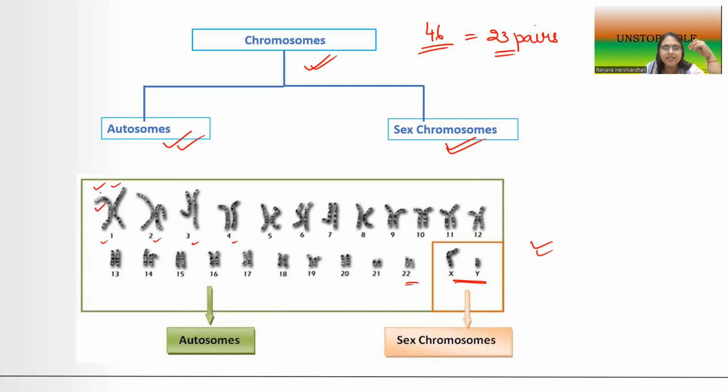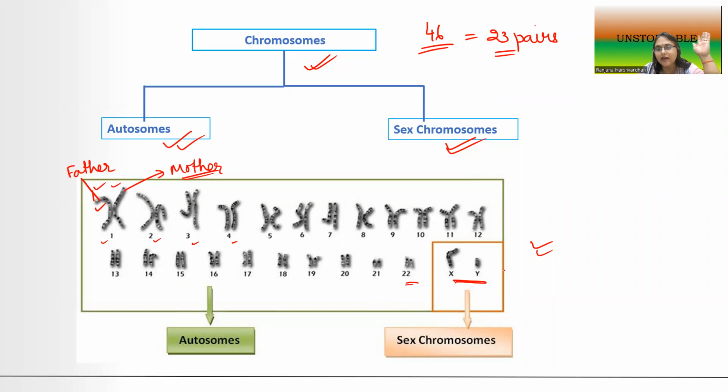For example, the first part of the first pair may have come from the father and the next one will come from the mother, and together they make one pair. So the hereditary characters are always in pairs, and that pair has been formed by both parents, one part coming from the father and the other part coming from the mother.